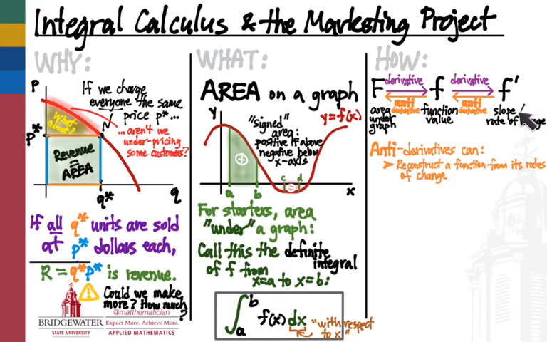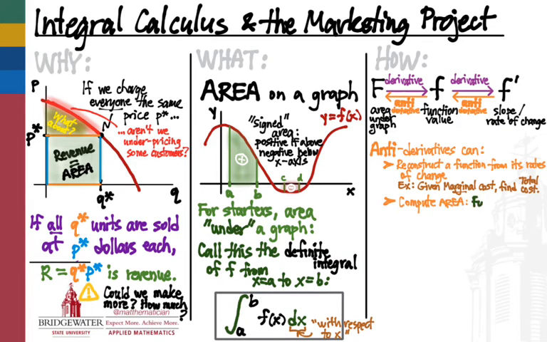So if I know the slope of a function, I can use an antiderivative to get my function itself back. So one example of where this might happen in a business context is if I might know, let's say, the marginal cost function for something, then I can use an antiderivative to find the total cost. So I can go backwards. Anything I can do with a derivative, I can undo by taking an antiderivative. They're inverse operations to one another. So that's one thing that antiderivatives can do, even if we don't believe the fundamental theorem of calculus.